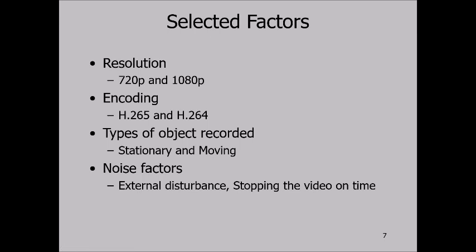Noise factors include external disturbance like external sound, which can disturb a video or maybe increase the video size. Another is stopping the video on time. It is not always possible to stop at exactly 30 seconds because of human lateness, so the duration may be extended.